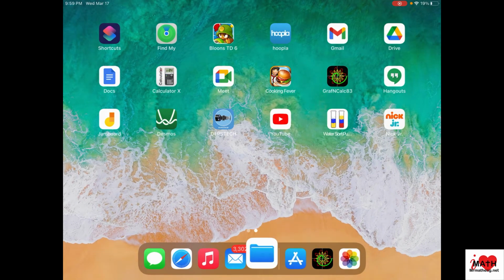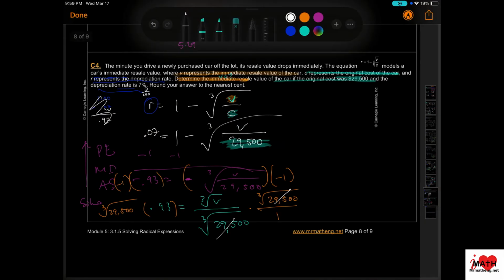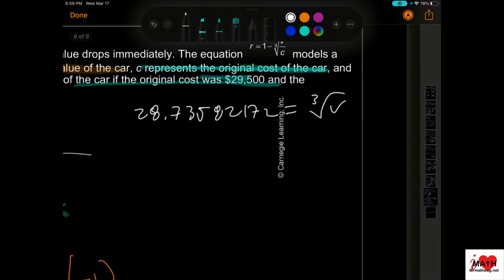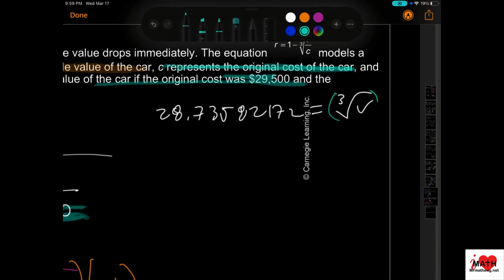It doesn't tell us where to round, so let's review what we did. We multiplied these two, and I got 28.73582172 equals the cube root of V. To get V by itself, I'm going to have to take it to the third power. This 3 and the 3 of the radical sign cancel, so you're left with V equals $23,728.53.